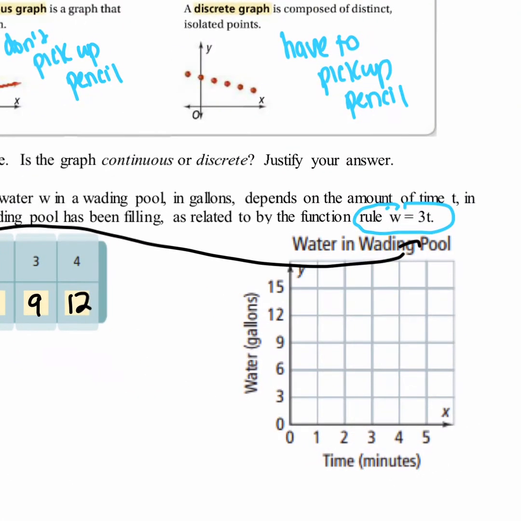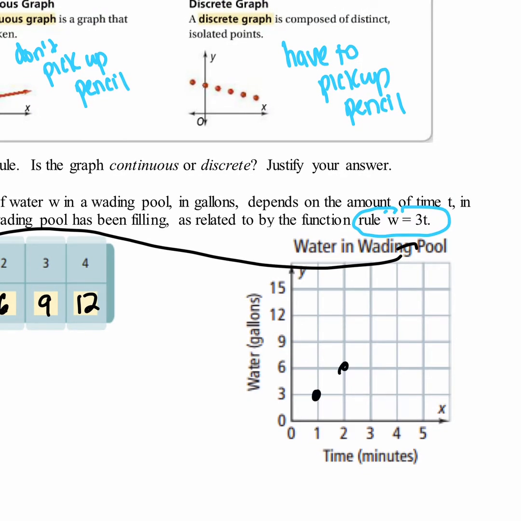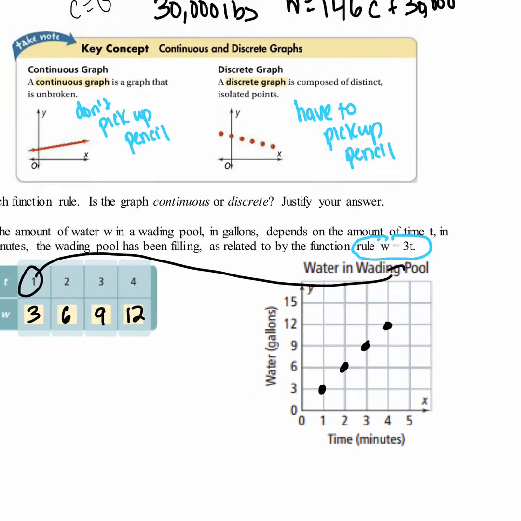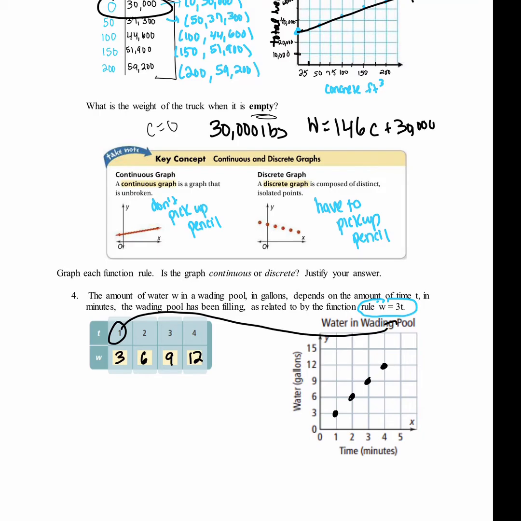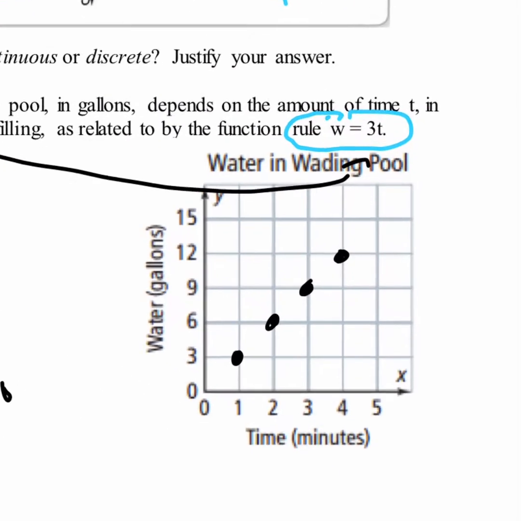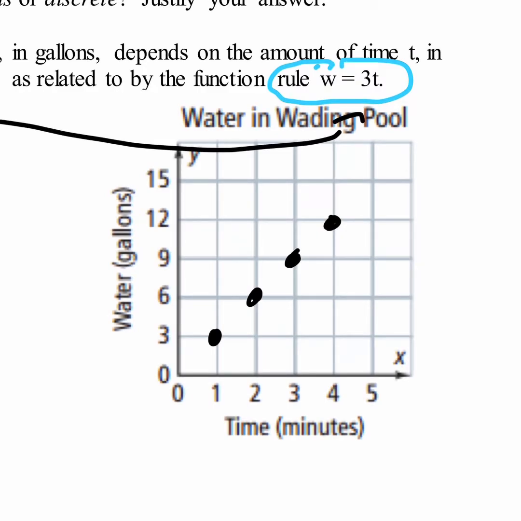When I graph those, this is where you don't want to automatically connect the points. So don't connect points yet. Okay, you have to think about it. Is it continuous, right? Meaning, yes, those are the 4 points that we found, but is there such a thing as having maybe 1.5 minutes or 2.5 minutes or 3.5 minutes? Yes, that does exist.